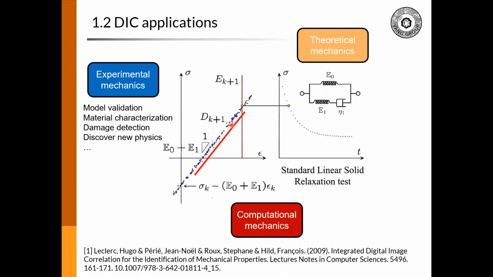You can detect fracture or cracks. Also, you can discover new physics of novel materials. It's very popular. Nowadays, this full field deformation measurement can generate quite fruitful experimental data, so it can also be combined with data-driven or machine learning-based computational mechanics.